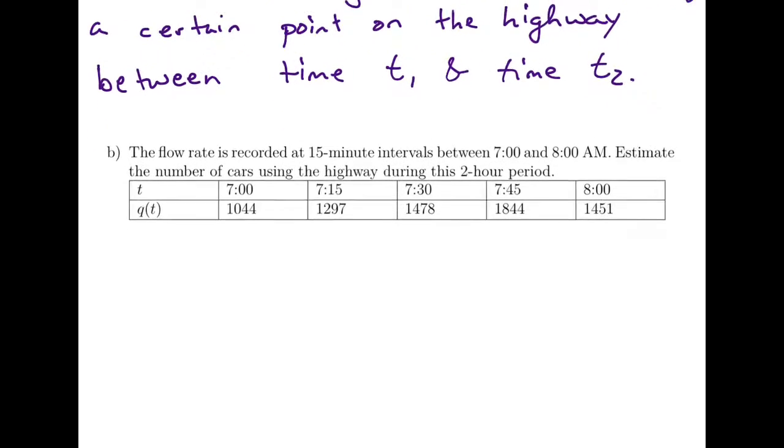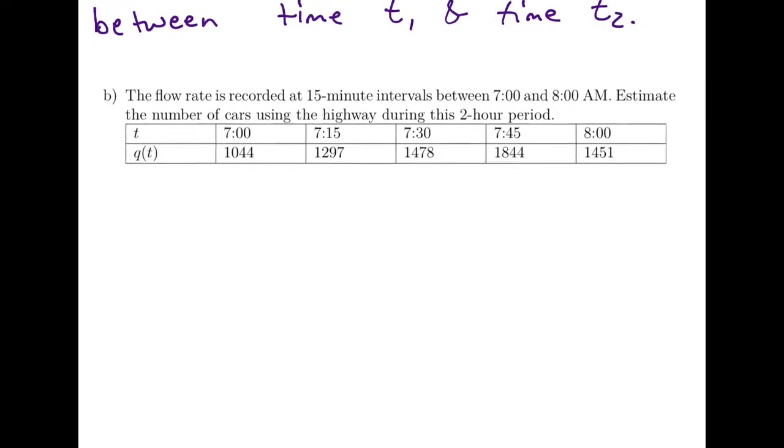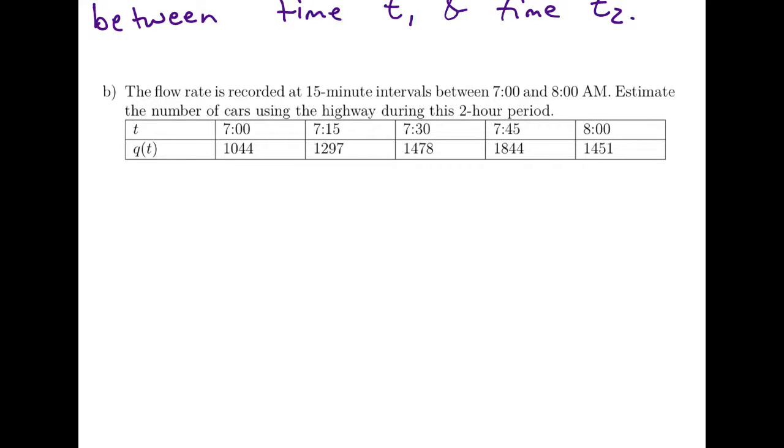The flow rate is recorded at 15-minute intervals between 7 and 8 a.m. Estimate the number of cars using the highway during this 2-hour period. There are really 2 choices: we could estimate with a left sum or with a right sum.